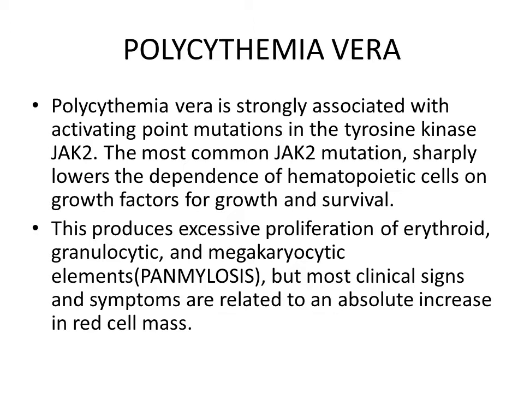What is the growth factor for production of red cells? That is erythropoietin. So, in these patients, we will see more active erythropoiesis in the presence of low erythropoietin levels in the serum. So this is a typical finding in this disease.